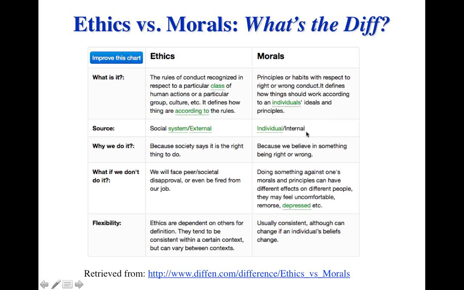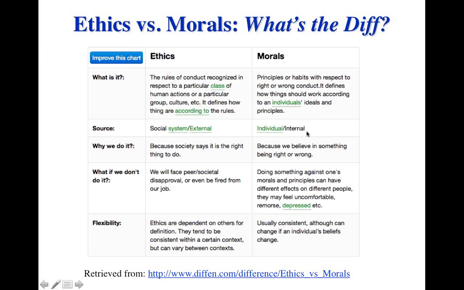It's something that varies among individuals, and therefore is kind of internal. And the reasons for doing these things tend to be a little bit different.